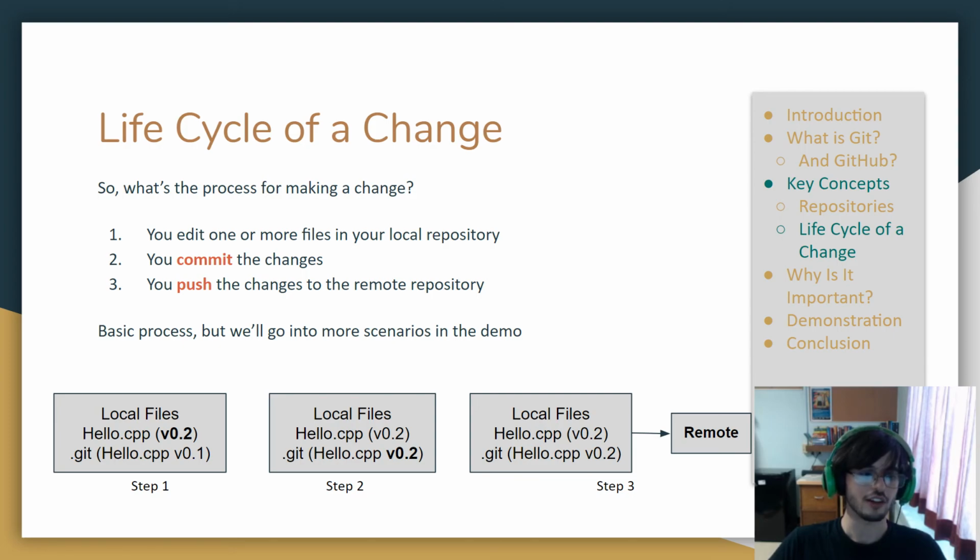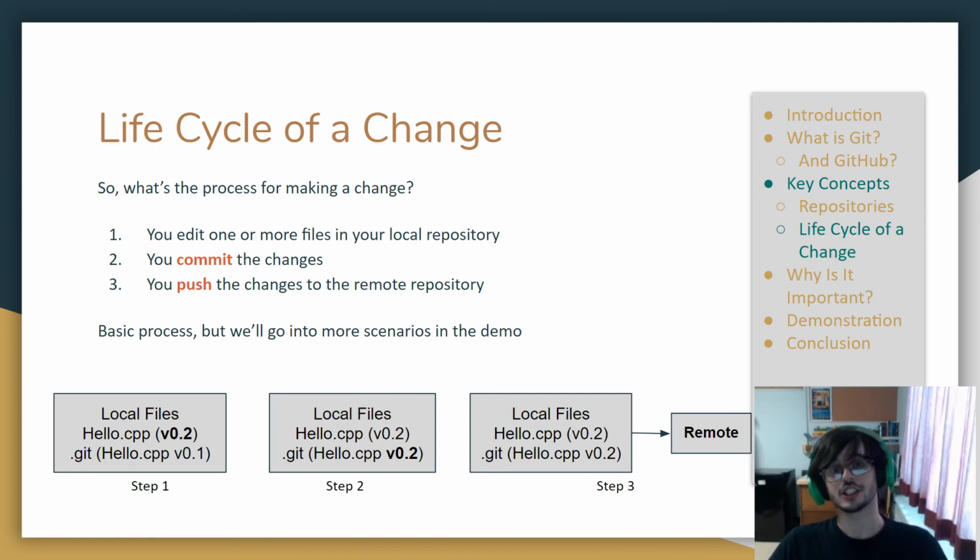However, the .git folder, which is tracking all those changes, doesn't have that change recorded yet. It just has the hello.cpp version 0.1 recorded. So we need to update the .git, and we do that via commit command.